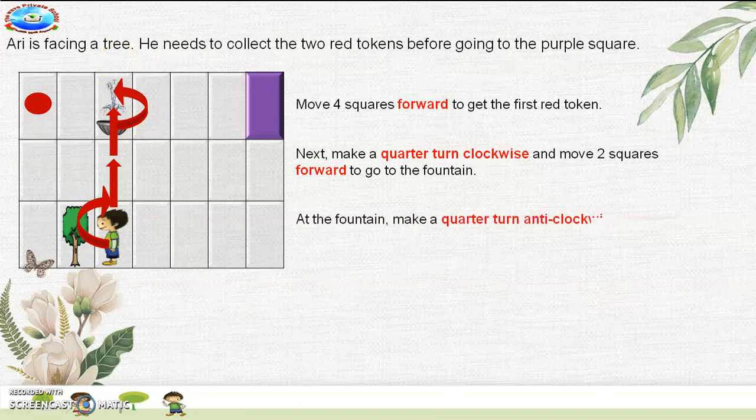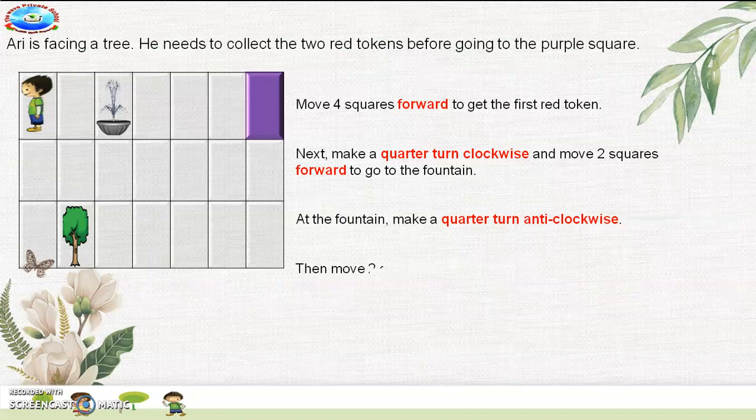At the fountain, make a quarter turn anti-clockwise. Now he is facing the red token. Next he can move 1, 2 squares forward. So we can write the step. Move 2 squares forward to get the second red token. Now he has collected both the red tokens.